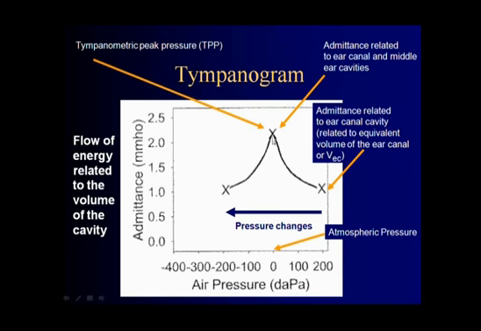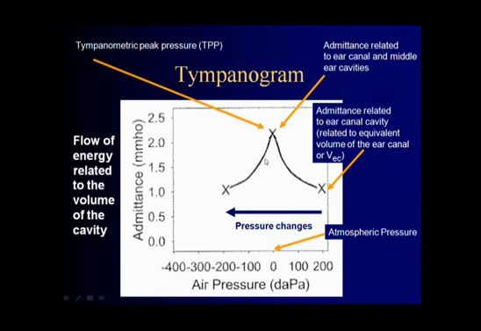Now we take air pressure out of the ear. Basically, the air is being sucked out of the ear canal, and now we're going back to a stiff phase of the eardrum. And as we do that, admittance is going down while the level of the probe tone is going up in the ear canal. That's what the microphone's measuring, and the level of the probe tone is actually decreasing again to the patient.